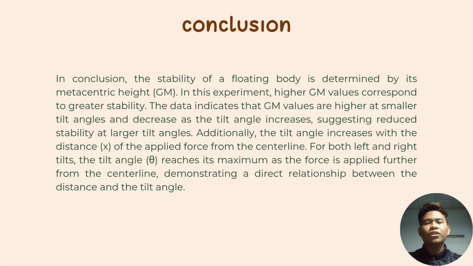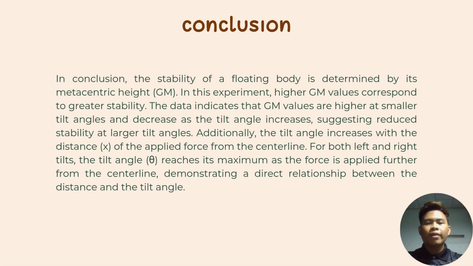Conclusion. In conclusion, the stability of a floating body is determined by its metacentric height. In this experiment, a high GM value corresponds to greater stability. The data indicates that GM values are higher at small tilt angles and decrease as the tilt angle increases, suggesting reduced stability at larger tilt angles. Additionally, the tilt angle increases with the distance x of the applied force from the center line.